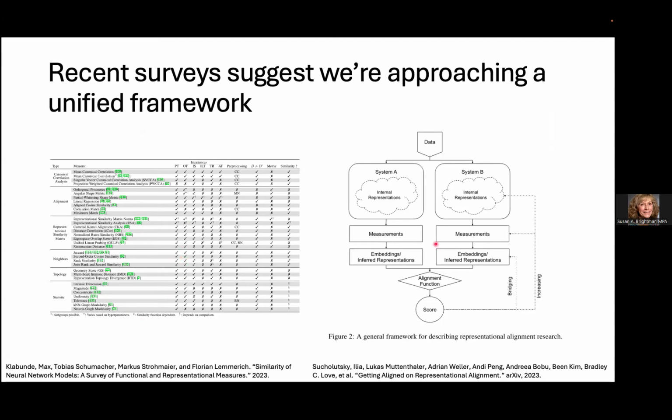And here's a completely separate survey paper that came out in the same month, basically, that suggested that we can study all of these methods in terms of this framework of data going into system A and system B, getting some measurements from them, turning those measurements into embeddings, aligning the embeddings, and scoring them. And by choosing different ways of measuring, embedding, aligning, and scoring, we recapitulate all of the diversity of the methods that we have over here. In other words, we seem to be approaching some sort of unified framework here.